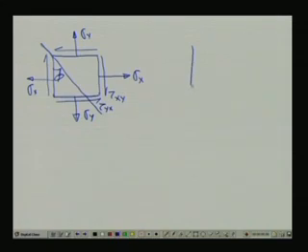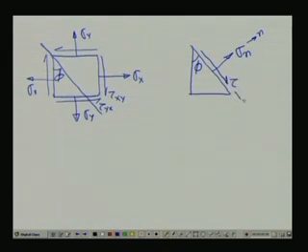This comes out to be something like this. This angle is phi. Sigma normal, because it is in the normal direction, means we are considering this plane, and onto this plane we are considering shear stress tau, and this direction we are calling the tangential direction.